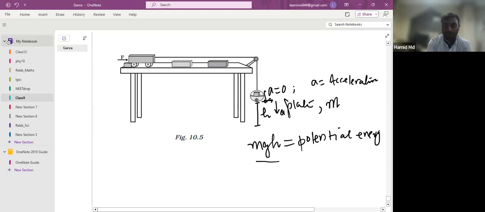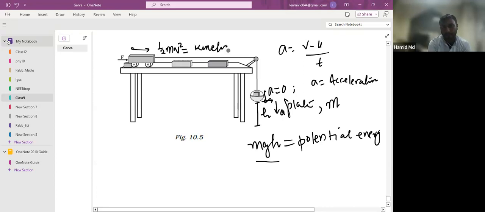Acceleration is the change in velocity: a is (v minus u) by t, right? So as we give it acceleration, it will change its velocity. As the velocity changes, this potential energy will change, and this block will get half m v square, that is kinetic energy.